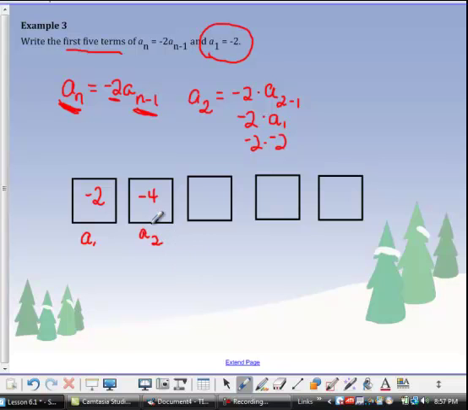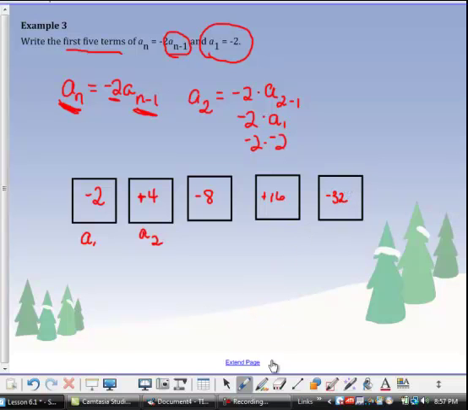And now I see that all I'm doing is taking the term before it and multiplying it by -2. And that's how I get the next term. So -4 times -2 is -8. Oops, sorry. That was positive. Wow. -8 times -2 is positive 16. And positive 16 times -2 is -32.